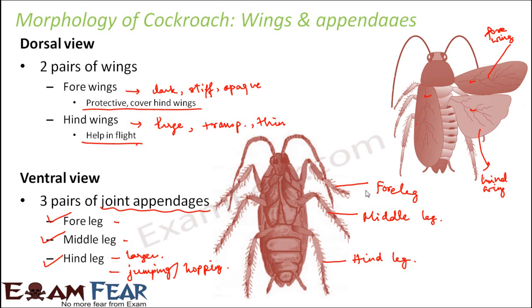The foreleg arises from the thorax region, that is the prothoracic region, so that is why it is also called the prothoracic leg. Similarly, the middle leg is also called the mesothoracic leg. That is just another name for it, because they arise from the thoracic segment basically. So this is about the legs of the cockroach. So the wings and appendages are clear.